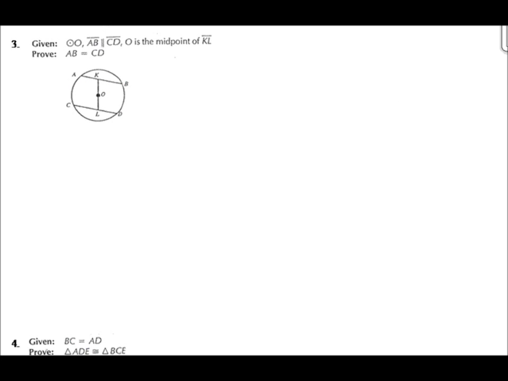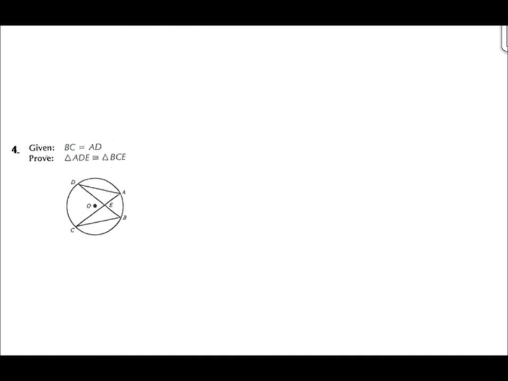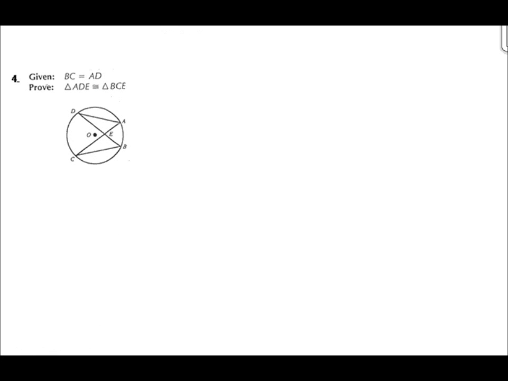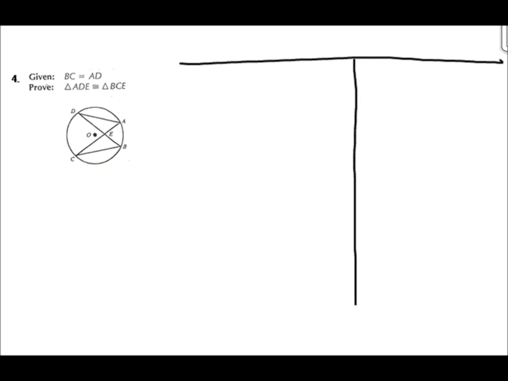Let's skip example number 3 and go to example number 4, continuing with our triangle proofs. So example 4, I'm going to go ahead and tee off. List my statements and reasons at the top.